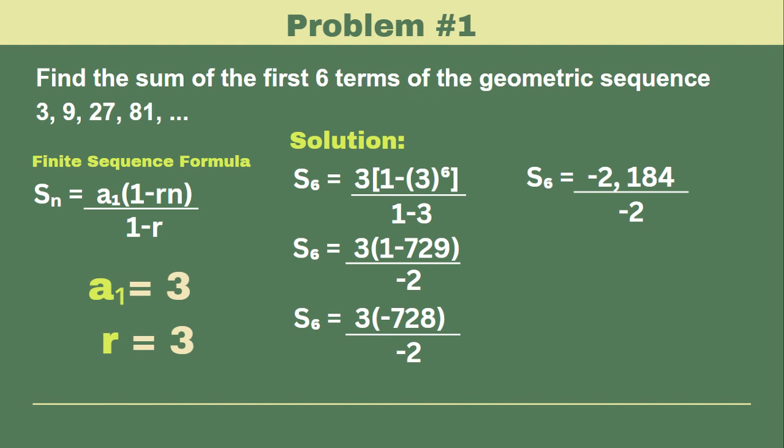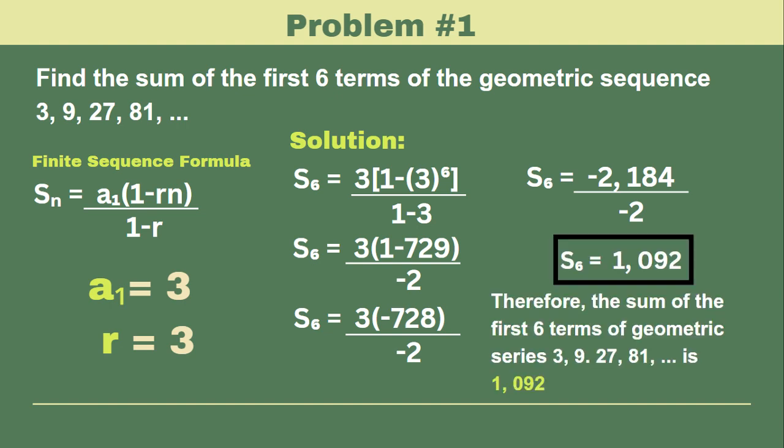Lastly, when we divide negative 2,184 by negative 2, the answer is positive 1,092. Therefore, the sum of the first 6 terms of the geometric sequence 3, 9, 27, 81 is positive 1,092.